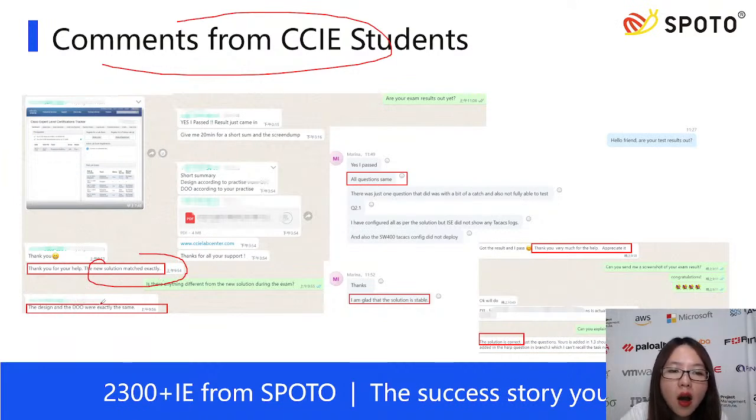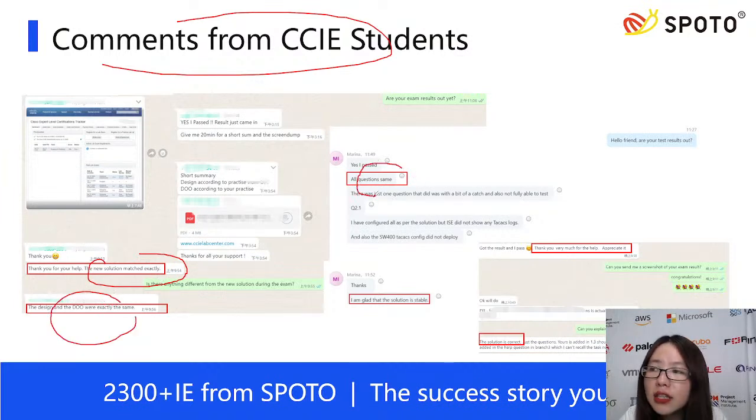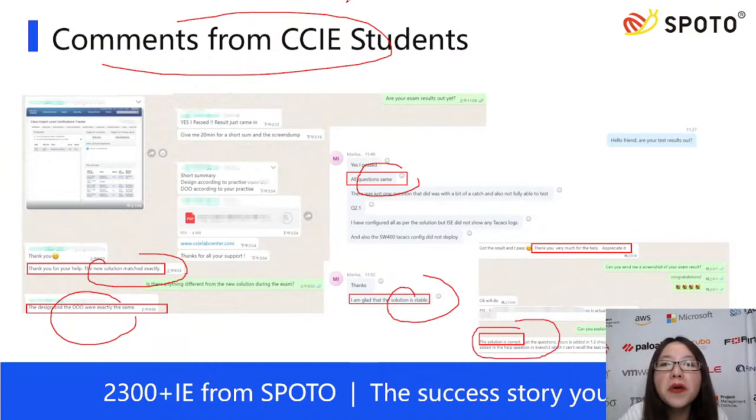Design and DOO were exactly the same, and all questions are the same, and the solution is stable. Okay, the solution is correct, so you don't worry about it. We use professionalism and service to win the trust of our candidates. Spoto solution is very stable.